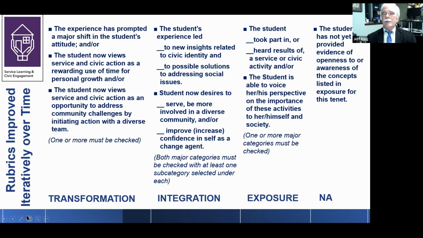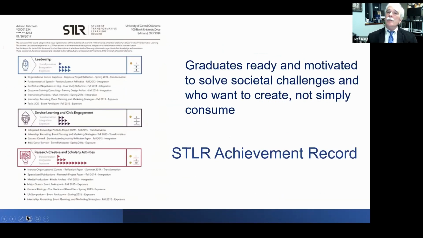This is one example of one faculty member's rubric that she adapted from our big overall, much more detailed service learning and civic engagement rubric. But the main point here is that this is a quality vetted approach to being able to assess students' progress as they progress in the transformative learning program.